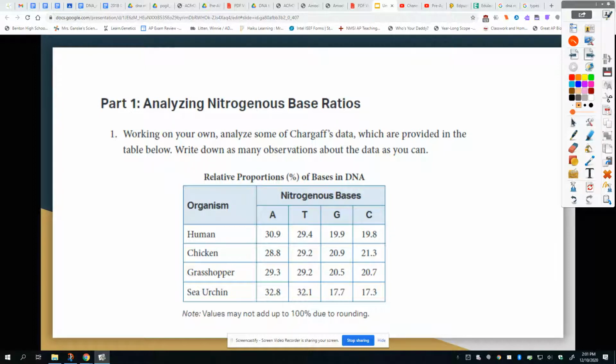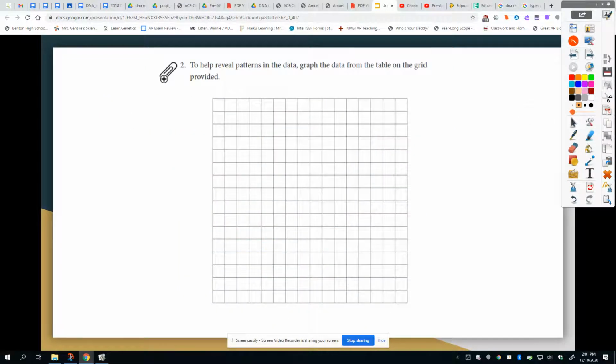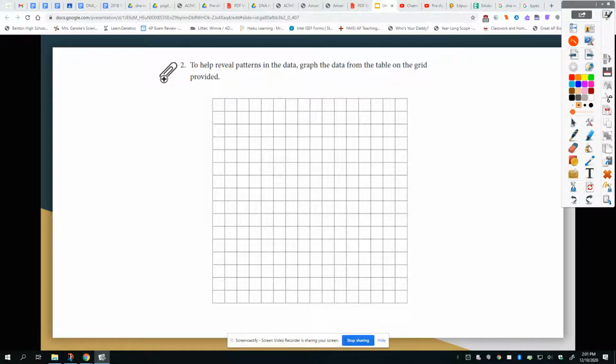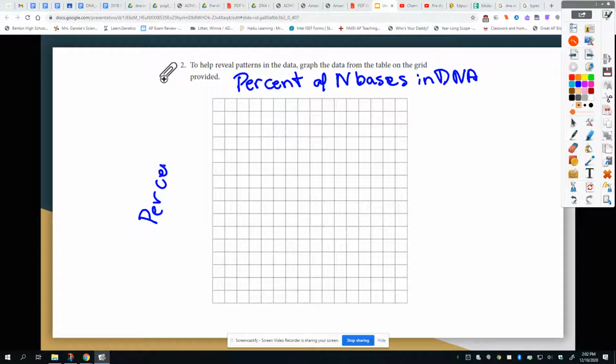Good job. Let's look at how we would have set up the graph, and you grade yours as we look at it. Your title should be something about the percent of nitrogen bases in DNA, and you might have put it in DNA of different organisms. Your y-axis should have had the percent. And on your x-axis, I would have set it up with the organisms at the bottom.